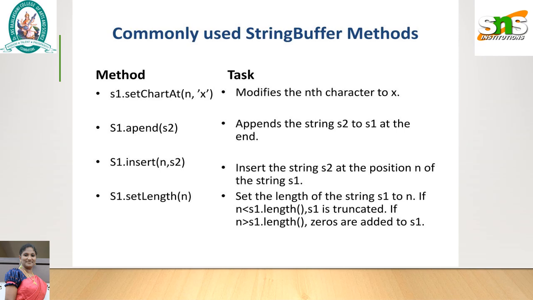It inserts in the middle of the specified position. In the specified position, it adds some substring. SetLength: suppose you want to add some more spaces or characters to the object of the StringBuffer, you can use this method to set the length of the string.